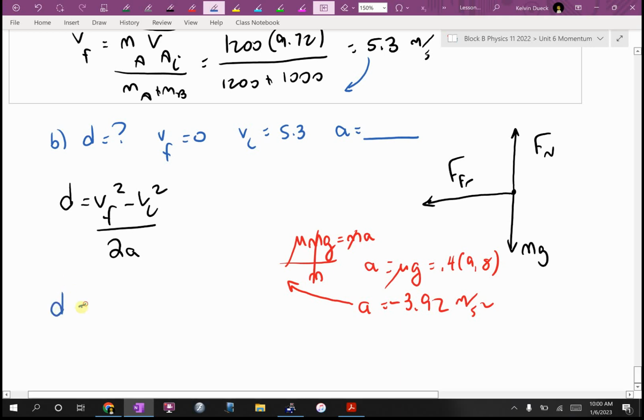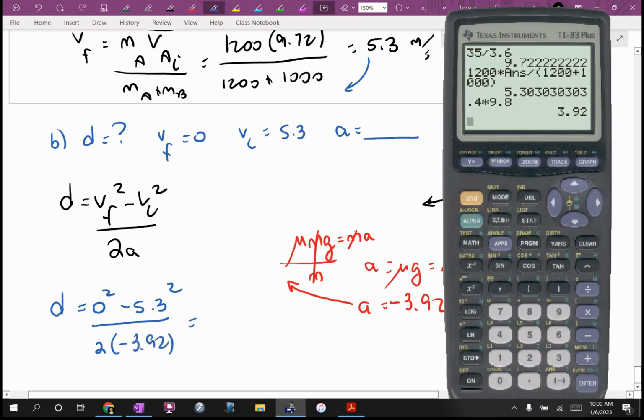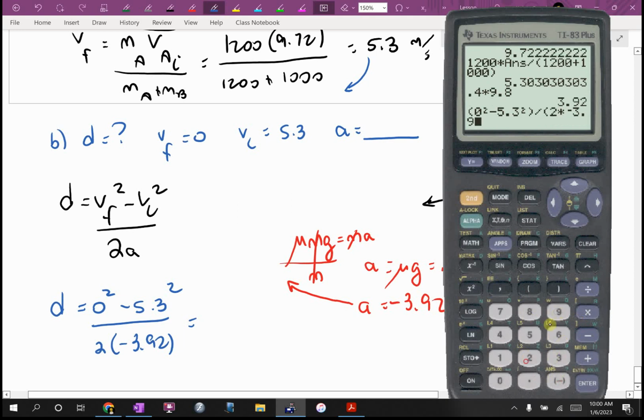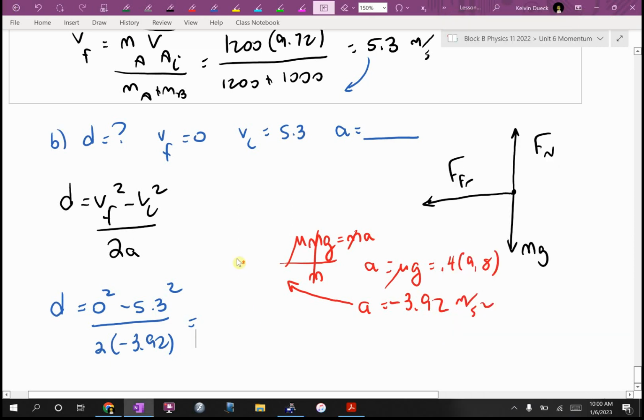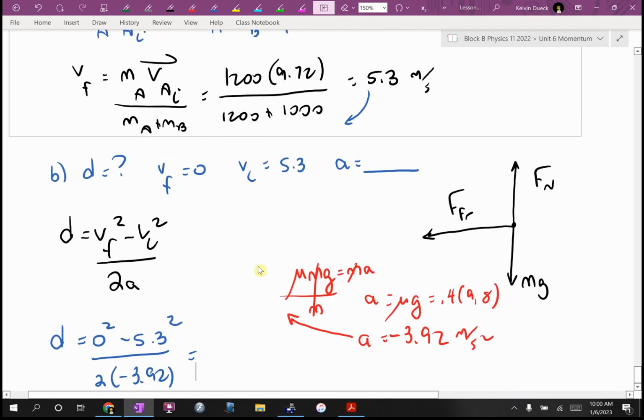So I'm going to get D equals 0 squared minus 5.3 squared all over 2 times negative, not 9.8, Mr. Duick, negative 3.92. And I get 3.58 meters. Is that what I said in my answer key? I hope I did. 3.6 meters, yep.